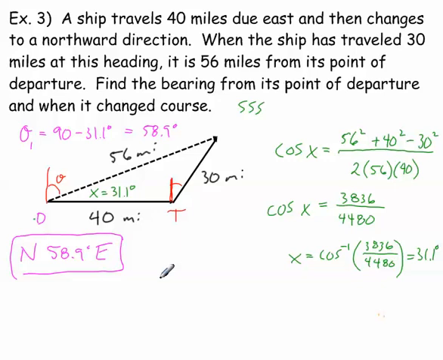This is going to be the cosine of T, which will be the two adjacent sides, 40 squared plus 30 squared minus the opposite side squared, divided by 2 times the two adjacent sides.